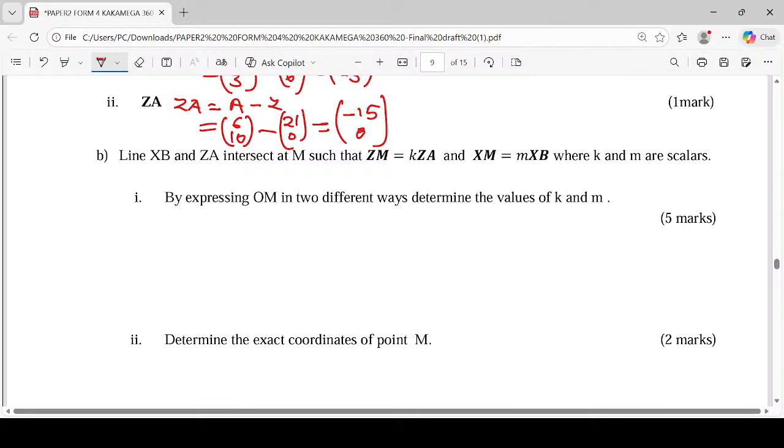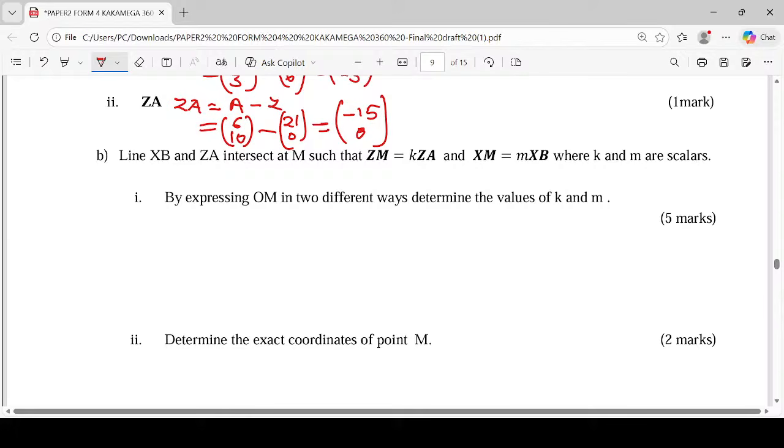Because we are being told that they intersect at M. By expressing OM in two different ways, determine the values of K and M.